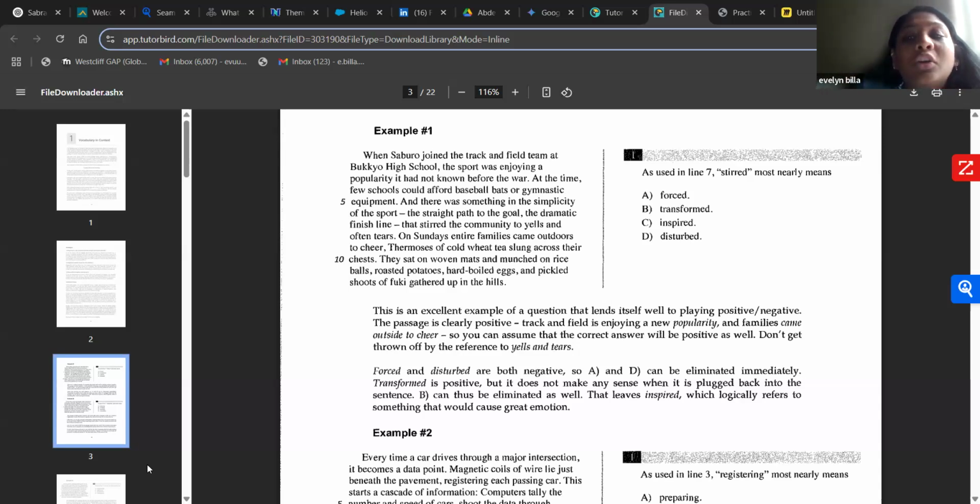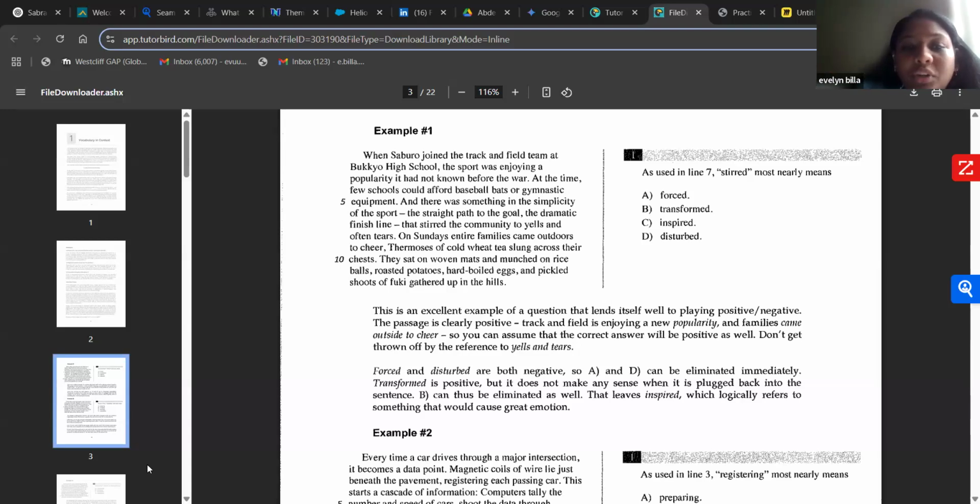According to that, you will look at the meaning. So steered has a general meaning in the dictionary, but what the author is trying to convey here may not be the same meaning you think of in the dictionary. Okay? As used in line 7, steered most nearly means forced, transformed, inspired, or disturbed.